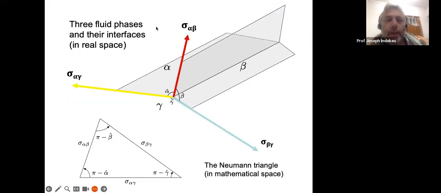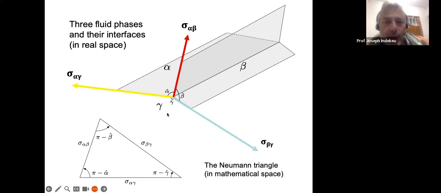And so let's draw the forces on the contact line that act. And so as I have already mentioned, these forces are forces per unit length along the contact line, and they are directed in the direction that the interfaces make very close to the contact line, because these forces are due to the interfacial tensions, which are energies per unit area of the respective interfaces.